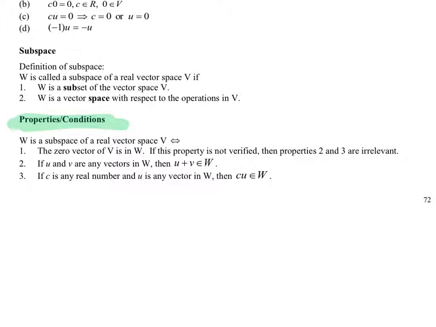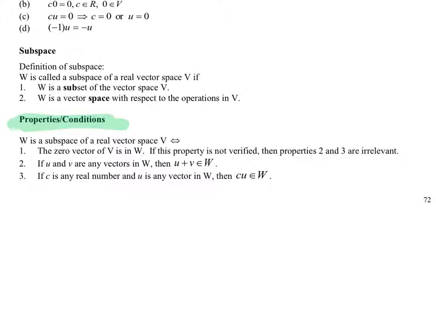So if I say that a set is closed under addition, that means that if I'm given a set of values, I could add any two values and the result would be in that given set. Like for example, whole numbers. I could add any two whole numbers and still get a whole number as a result, right? But the set of whole numbers is not closed under division, right? Because if I divide any two whole numbers, the result is not necessarily going to be a whole number. 2 divided by 3 is not a whole number, right? It's the same idea here.